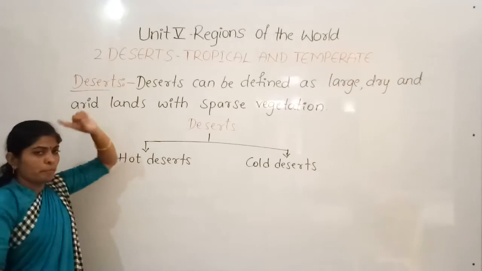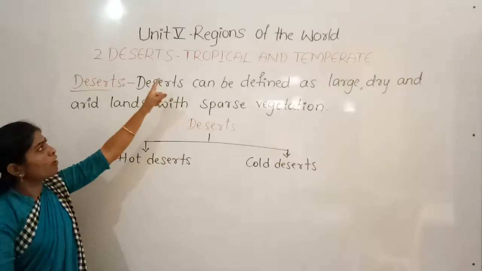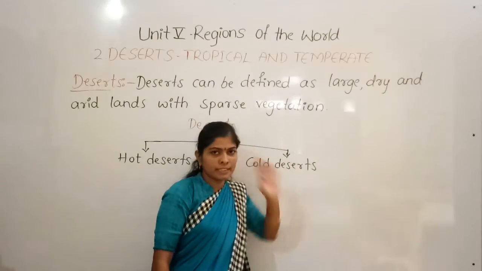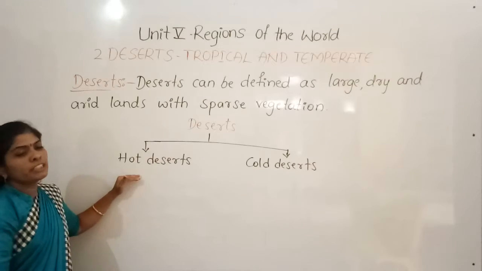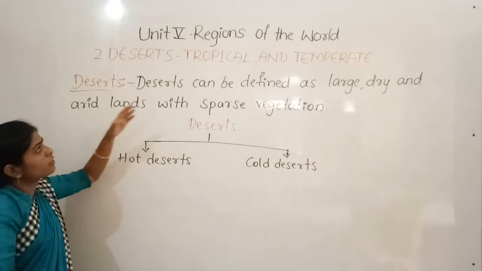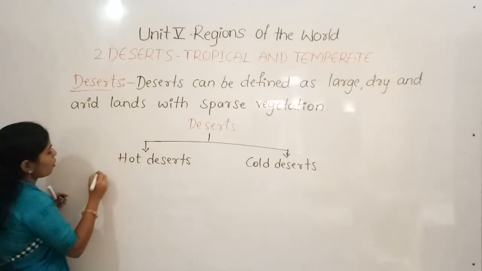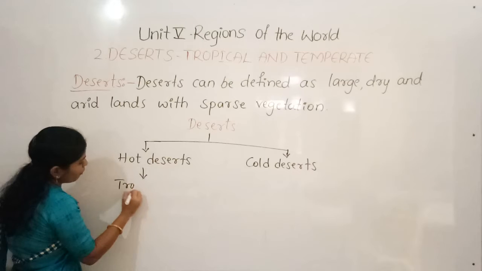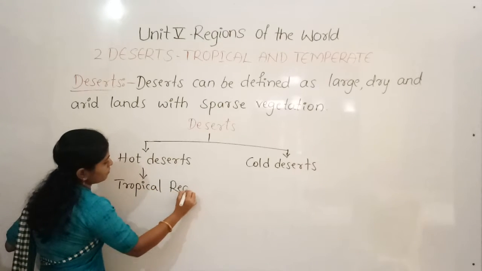Basically, based on the location of the deserts, we call them tropical deserts and temperate deserts. The deserts located in the tropical regions are called hot deserts. These hot deserts we find in tropical regions.